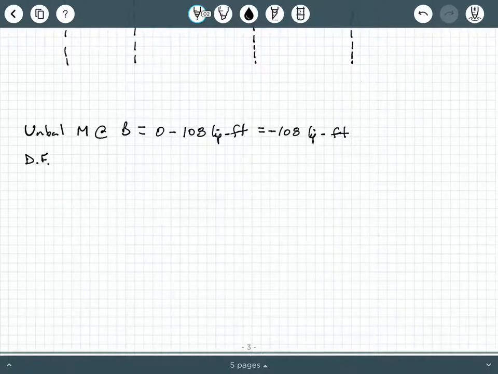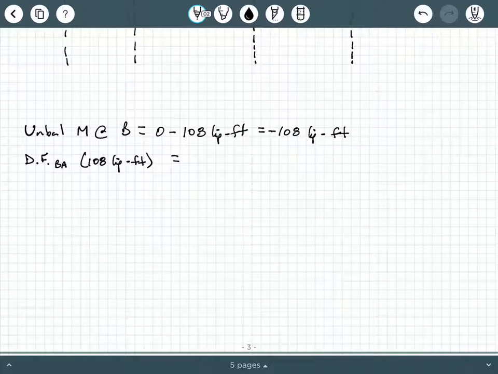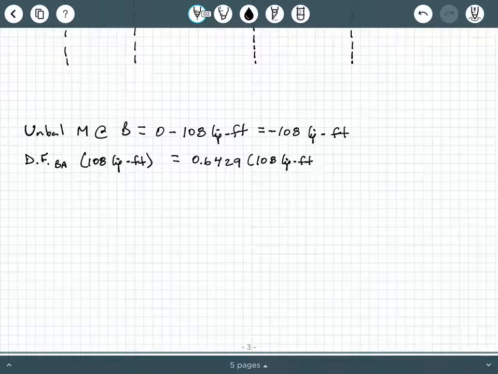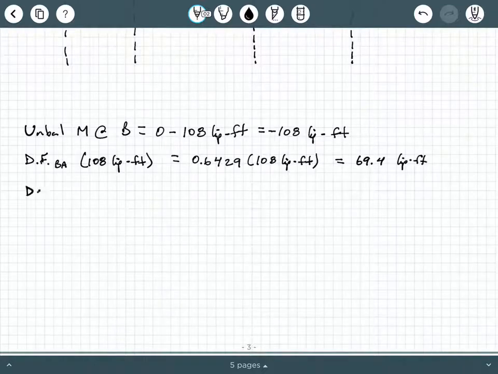So if you remember this from the previous video, we first say distribution factor BA times the negative of this unbalanced moment. So we say times positive 108 kip feet, and distribution factor BA was 0.6429 times 108 kip feet. And when we punch this through, we get about 69.4 kip feet.